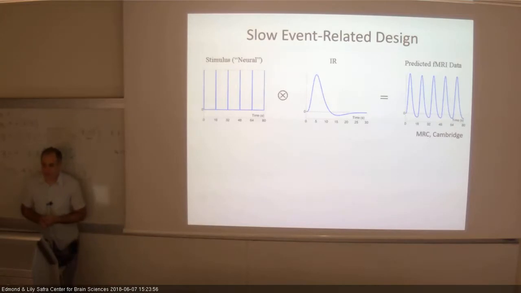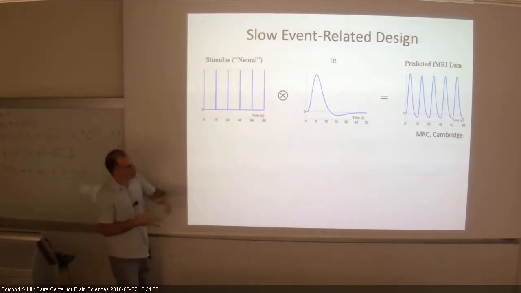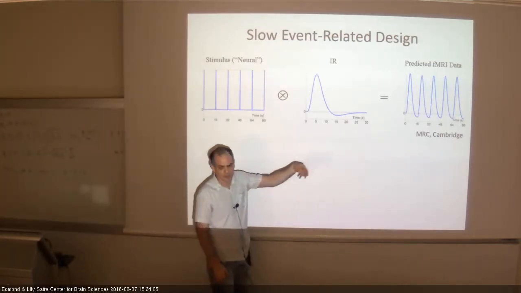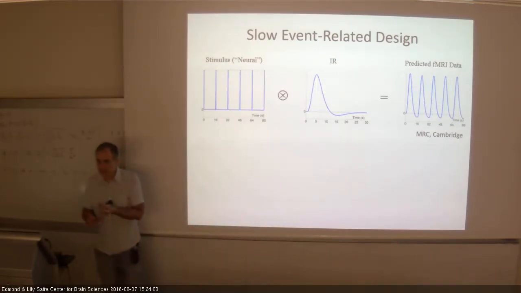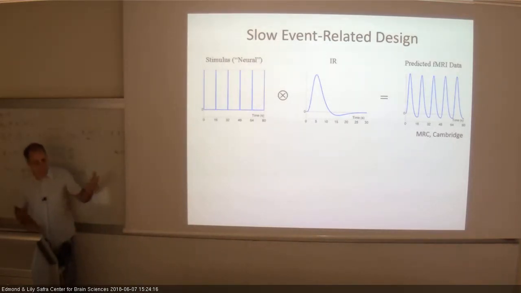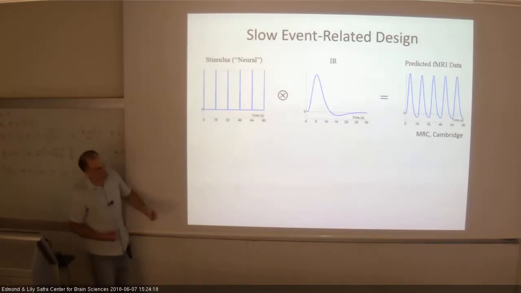If you use this slow event related design, assuming that this voxel, and this is a simulation, is actively responsive for that specific stimulus or task, you get a very nice signal. Of course, if a voxel is irrelevant to the task, you'll probably see something flat there.